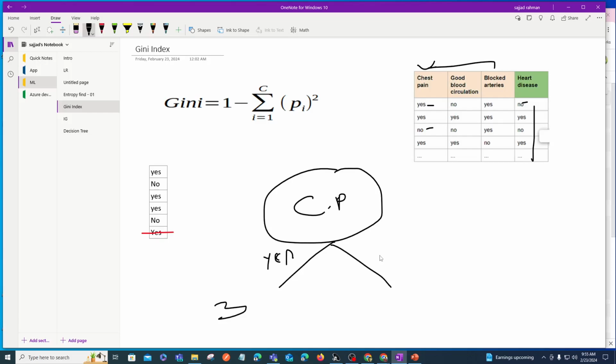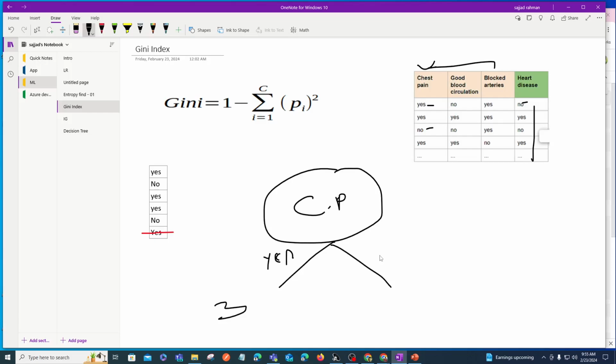Similarly we must calculate the right node. This is simple. Total is 1, so we find 1, and 1 over 0 is basically 0, so 1 minus 1 is 0. Now we have to calculate these two.